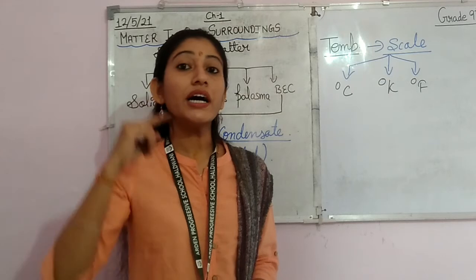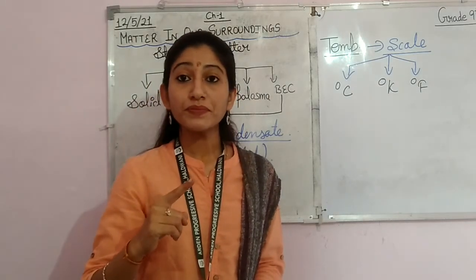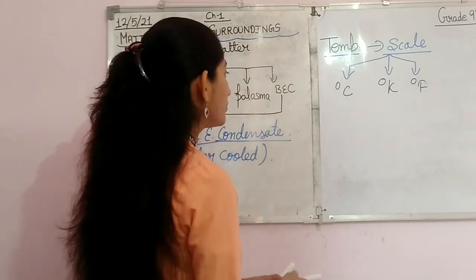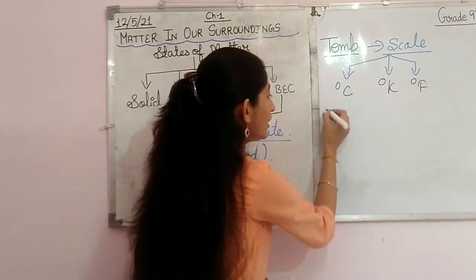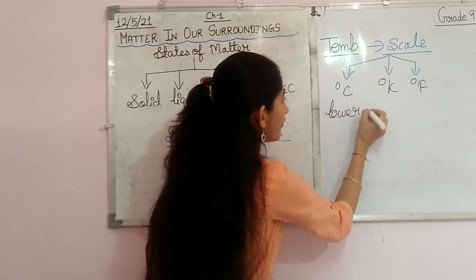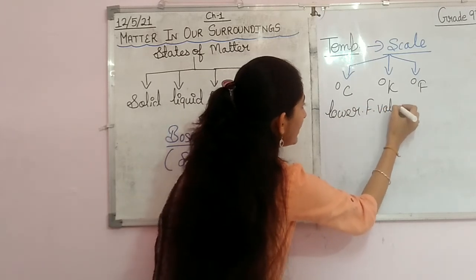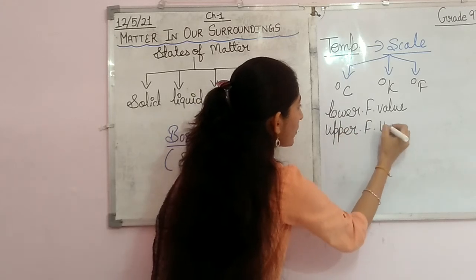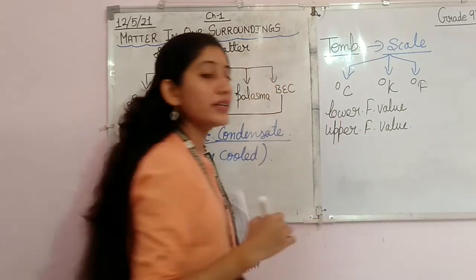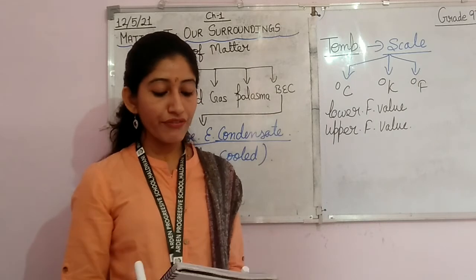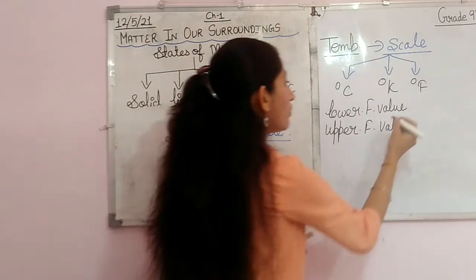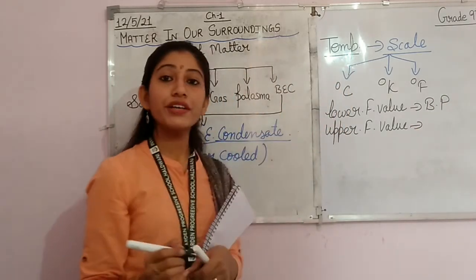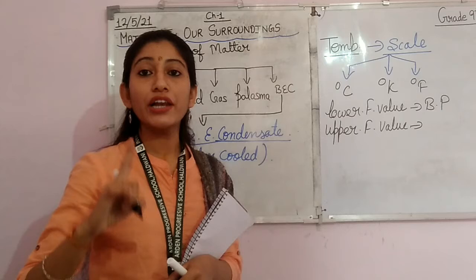And when we say the upper temperature, we are talking about the boiling point. So every scale has one lower fixed value and one upper fixed value. What do you mean by lower fixed value? Lower fixed value means boiling point.